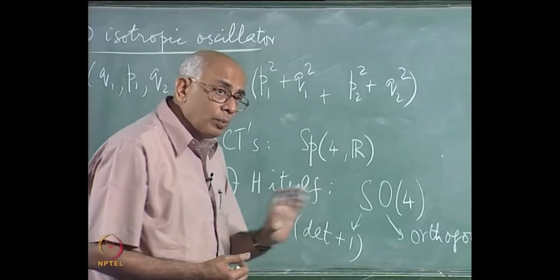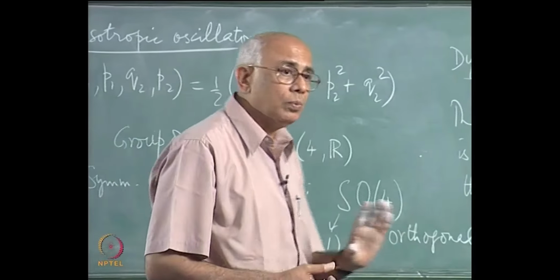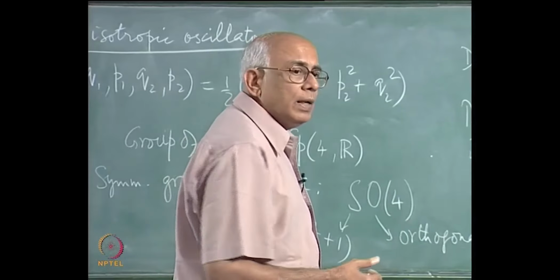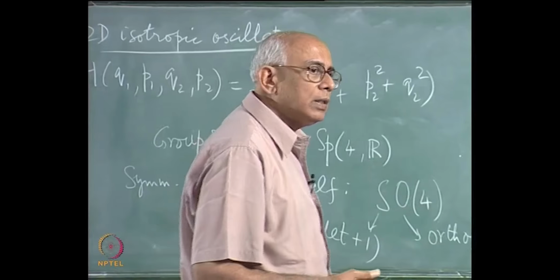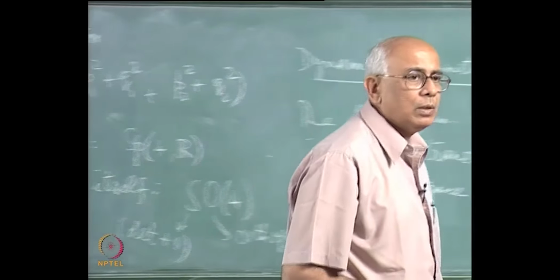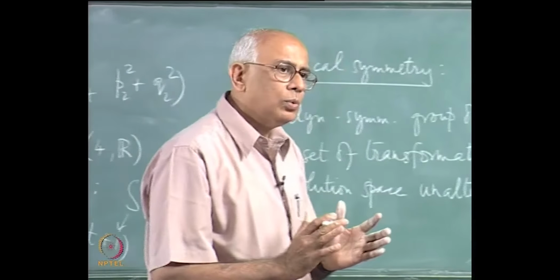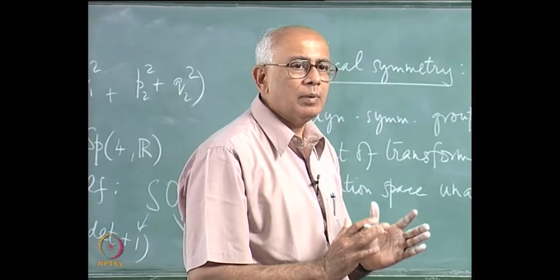Now that group, which is the intersection of these 2 groups, is a different group altogether. It is smaller than either of these groups, and it turns out to be the group of all 2 by 2 unitary matrices with determinant +1.